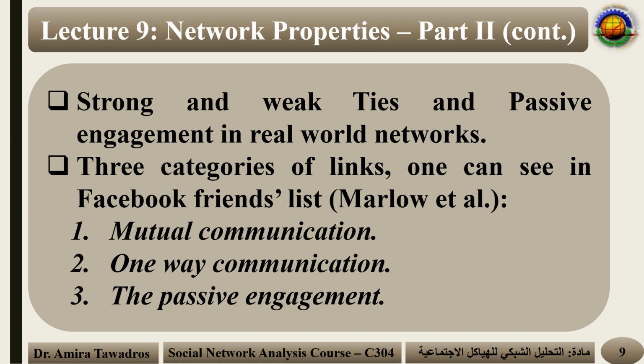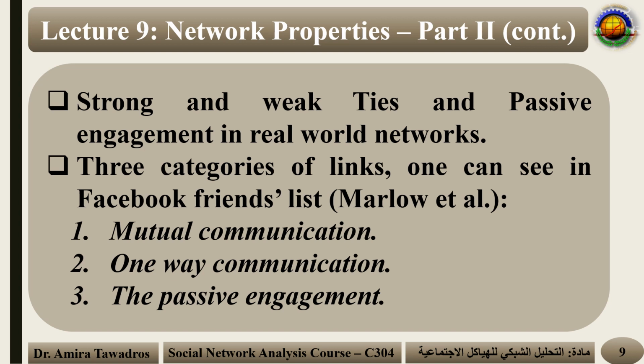The third category of links observed in this experiment was the passive engagement. What is passive engagement? Passive engagement happens when the user follows the information about a friend without sending or receiving messages, but only following the news feed of this friend.